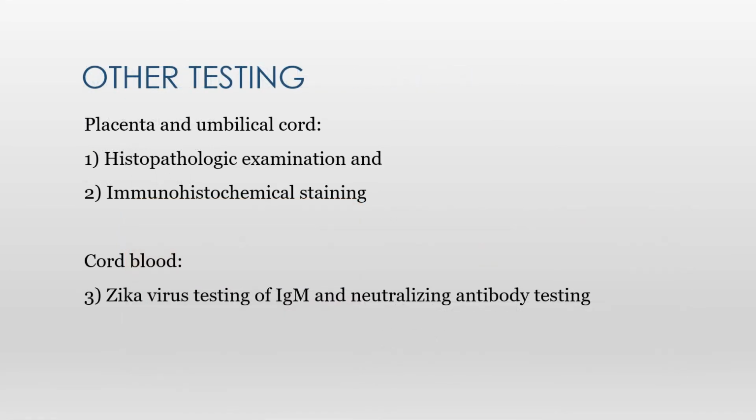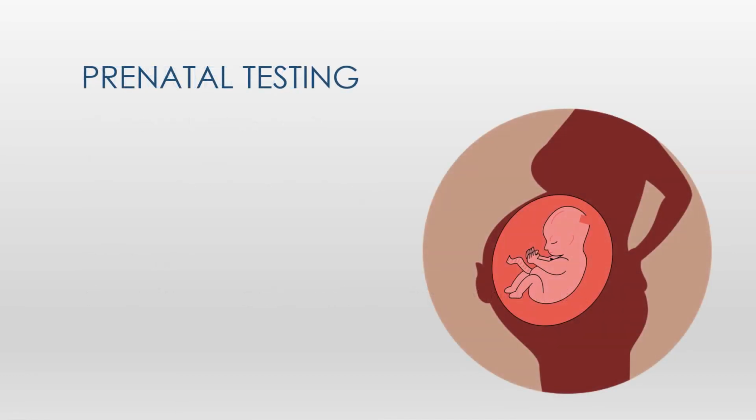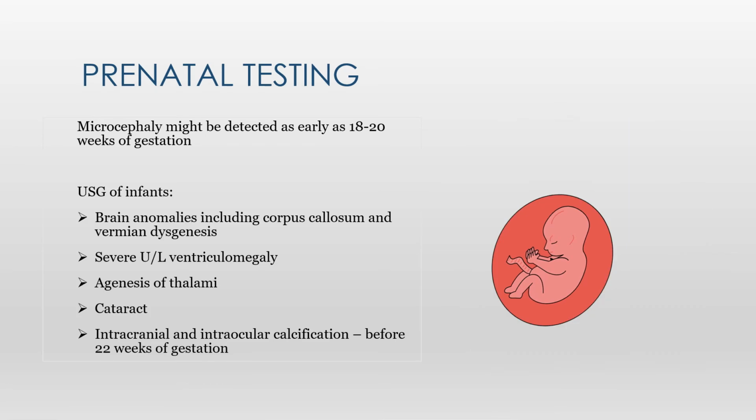Other testing includes histopathological examination and immunohistochemical staining for placenta and umbilical cord, and IgM and neutralizing antibody testing for cord blood. Prenatal testing includes ultrasound screening for microcephaly as early as 18 to 20 weeks of gestation, or the 2nd trimester, of a Zika virus infected pregnant woman.